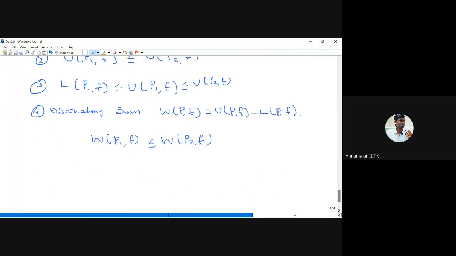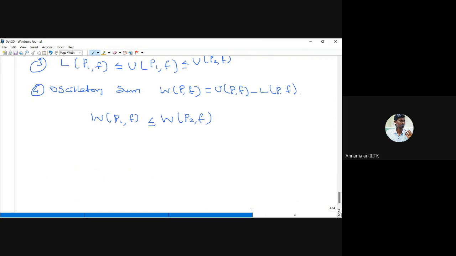All the things I can write as a statement, and then we will solve some problems. Okay. Theorem. Suppose we have two functions f and g. So let f comma g be bounded functions.